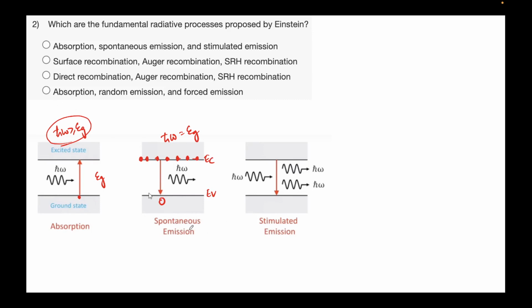A cousin of spontaneous emission is stimulated emission. As the word suggests, you're stimulating this material. So again, the same system: the electrons are here and there are holes here.